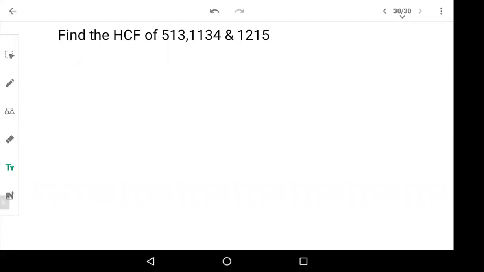First solve 513 and 1134, and tell me the HCF, and then we will solve 1215.